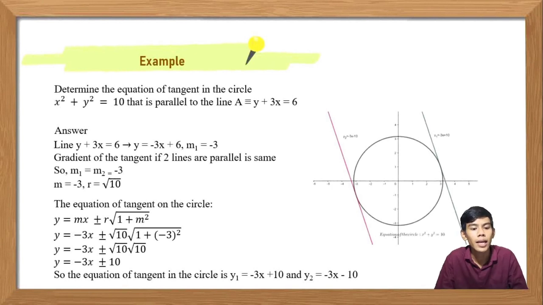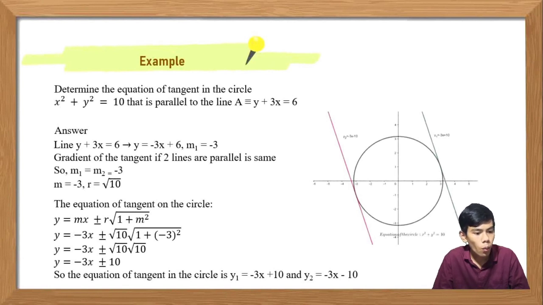The equation of the tangent on the circle is y equals mx plus or minus r times square root of 1 plus m squared. So y equals negative 3x plus or minus square root of 10 times square root of 1 plus negative 3 squared. So y equals negative 3x plus or minus square root of 10 times square root of 10.